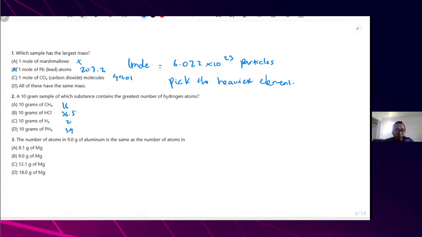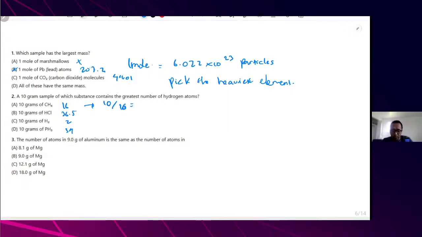Okay, the molar mass. And then how about the hydrogen over here? Moles of hydrogen per gram, it has 4. So if you take a look at this one, gram per mole is 16, kind of like this one.